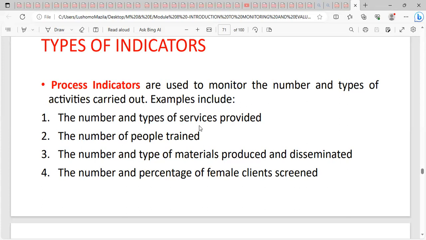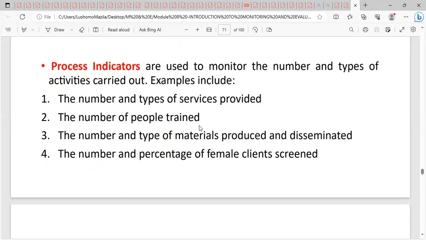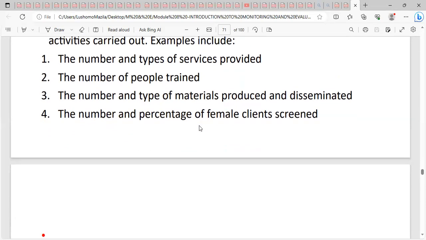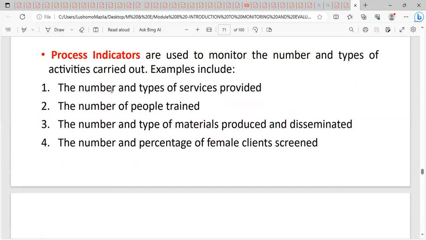That is descriptive. But for quantitative, that is where numbers are produced, in percentages or just counts. So those are the main types of indicators. When we look at process indicators, we are just talking about the numbers: the number of people, the number of types, the number of everything.